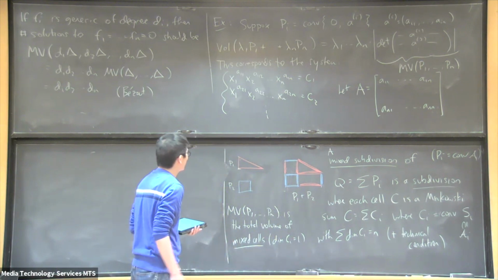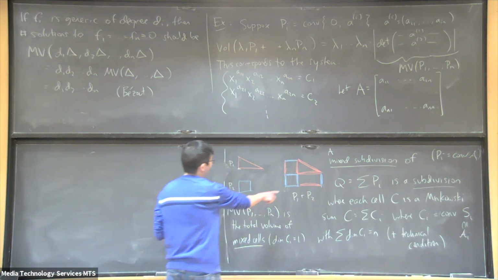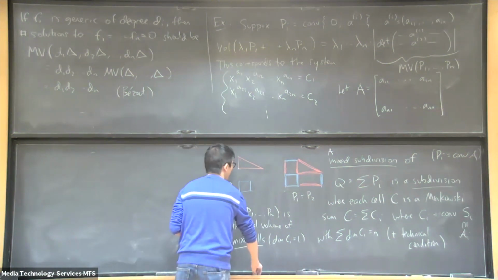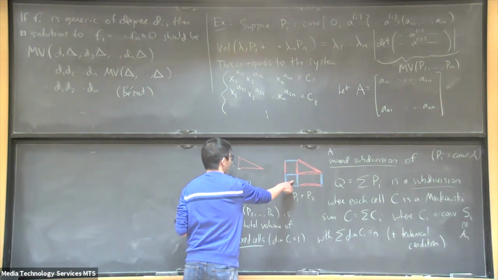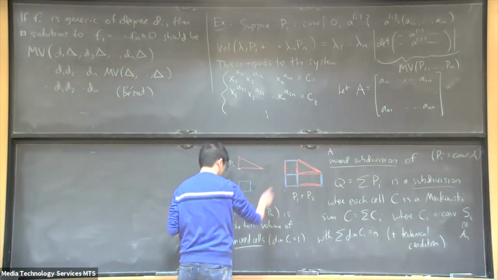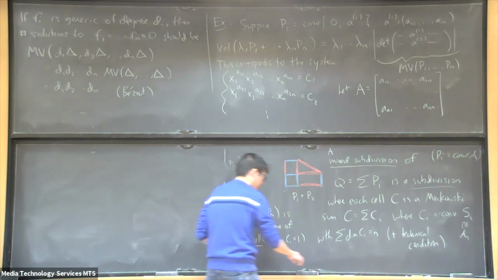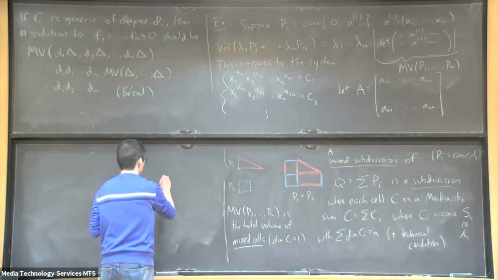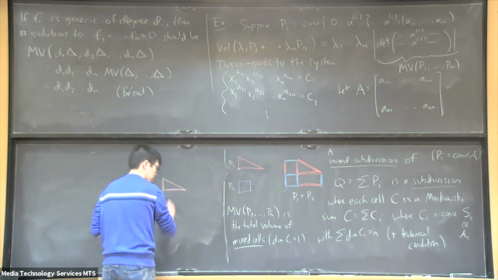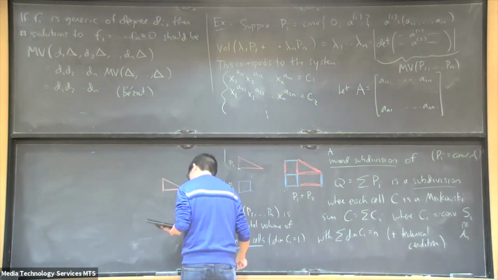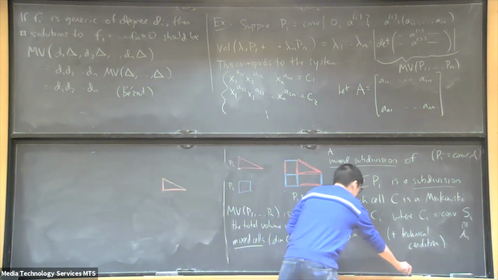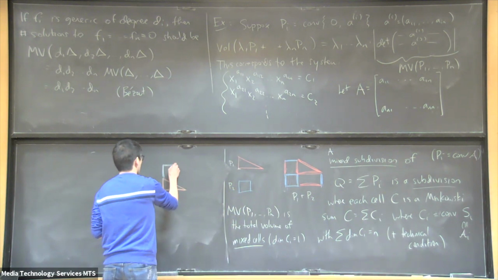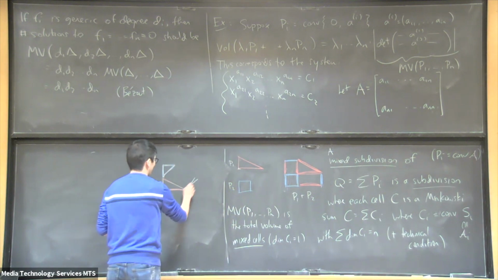I'm trying to think. Yeah, so for instance, let me draw another mixed subdivision of this, which only has one mixed cell. So if I, instead of putting the blue square P2 here, I put the triangle, then I could have something that looks like this, and then I can split this square in half and get something that looks like this.